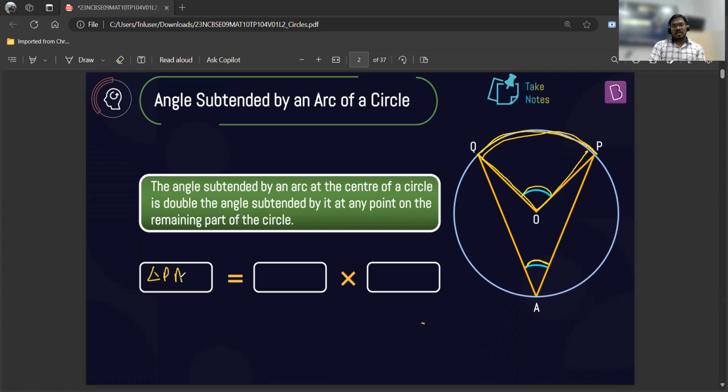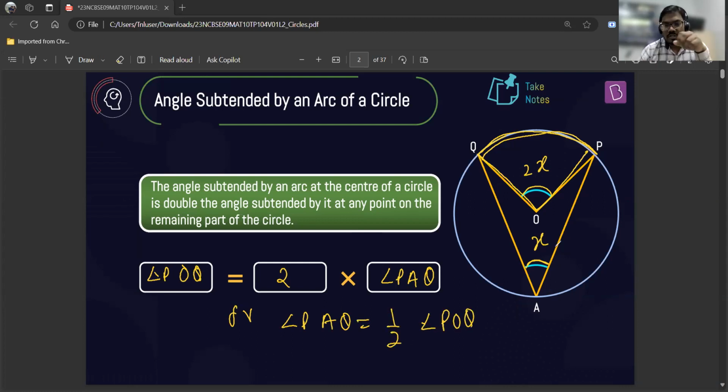Angle POQ equals 2 times angle PAQ. Suppose for the time being this is X, then this will be 2X. In another form, angle PAQ is equal to half of angle POQ.